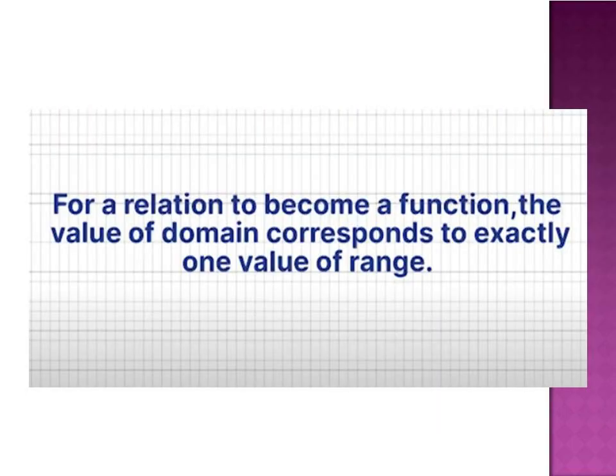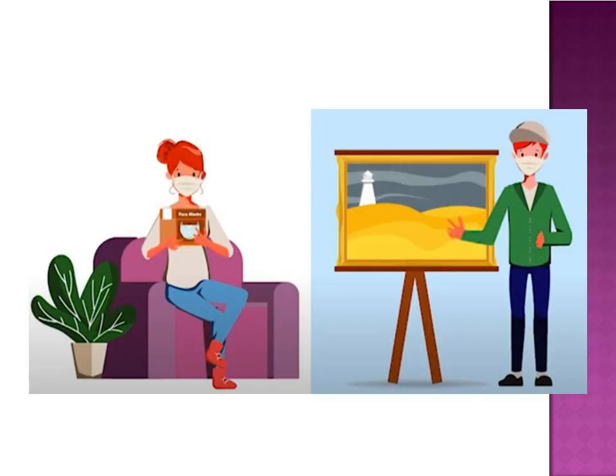It's also good to note that real-life situations can also be represented as functions. Earlier we said, for a relation to become a function, the value of domain corresponds to exactly one value of range. Let us see a situation. Through the realization in the COVID-19 pandemic experiences, Kevin and Lena, both senior high school students, started saving for a charity cause.